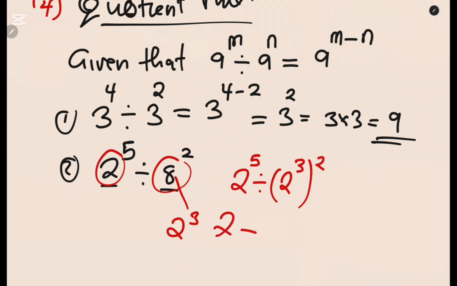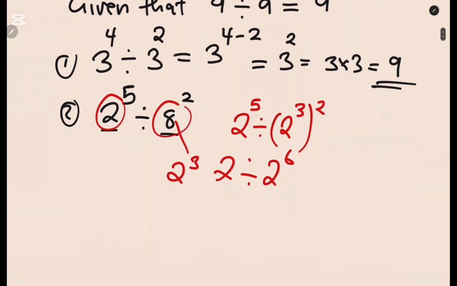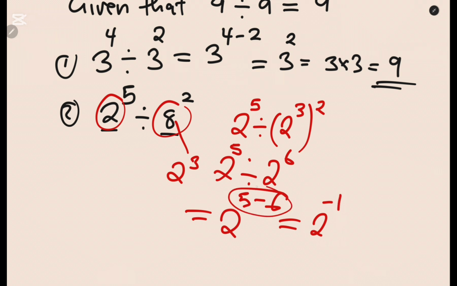So this is just the same as 2 to the power 5 divided by 2 to the power 6, because 2 times 3 is equal to what? 6. This is to the power 5, please. Now what happens? You're going to have 2 to the power 5 minus 6, which gives us 2 to the power negative 1. As you know, you get the smaller number, subtract from the bigger number, and maintain the sign of the bigger number.